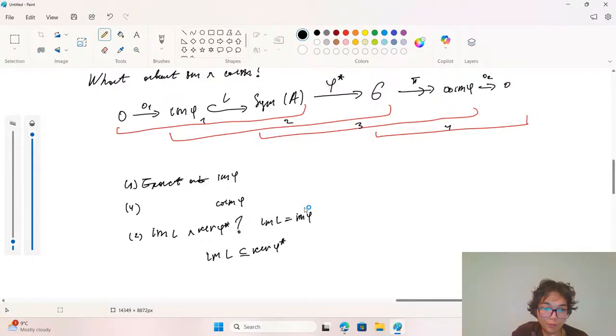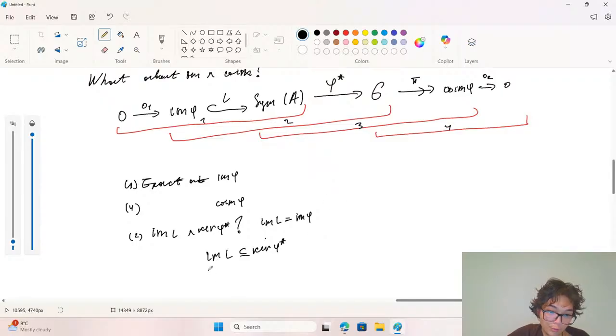I could prove it only in a way that let's assume that there exists such a thing, an element in the kernel that is not in the image. So the kernel is contained in the image. And then I did something and I came to a contradiction. That's why the image must be contained in the kernel. Yes, image is a subset of kernel.